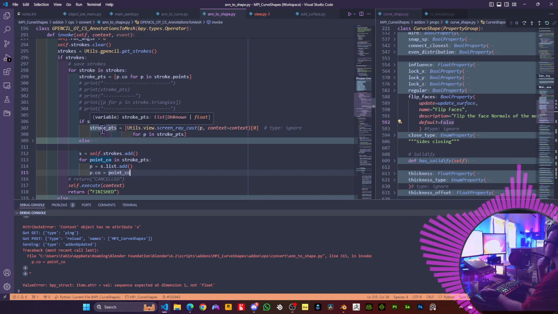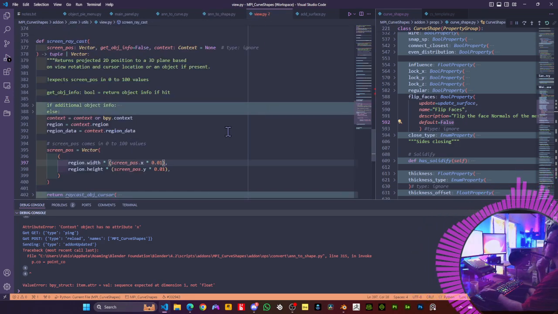Right, so stroke points now gives me, yeah, a list of floats. It doesn't return anything.